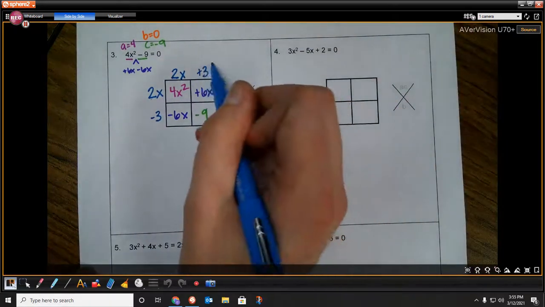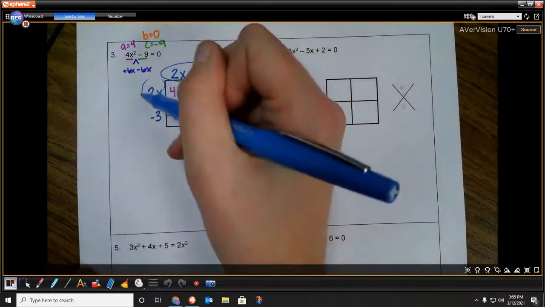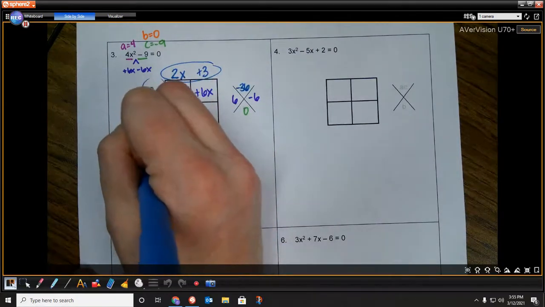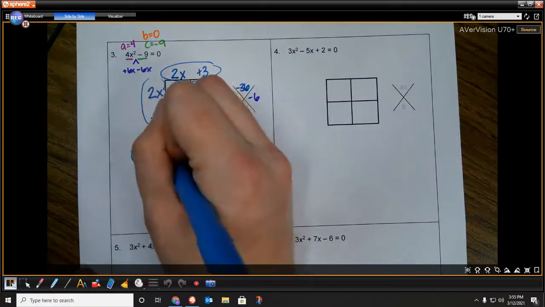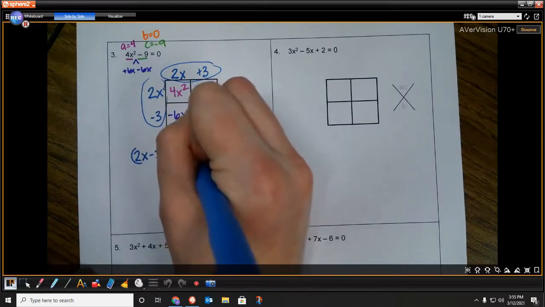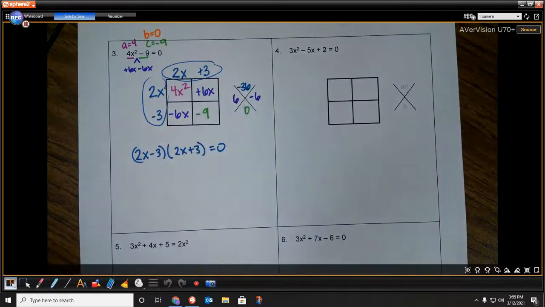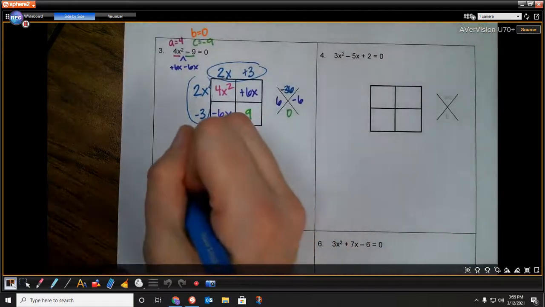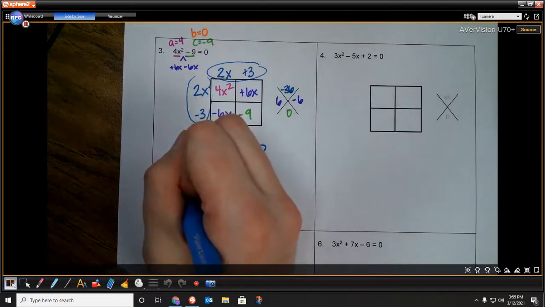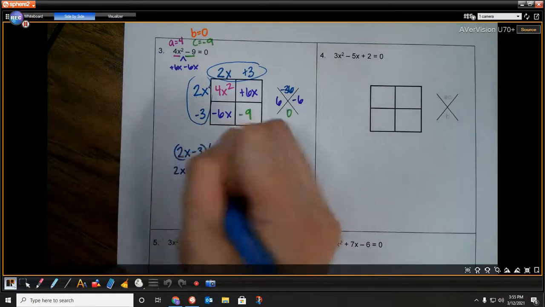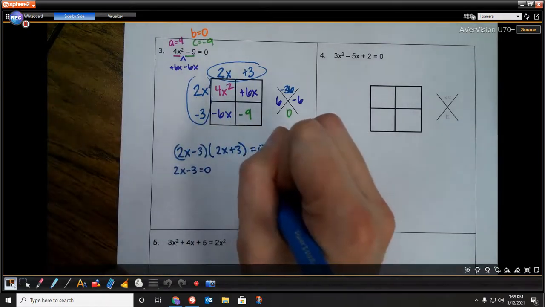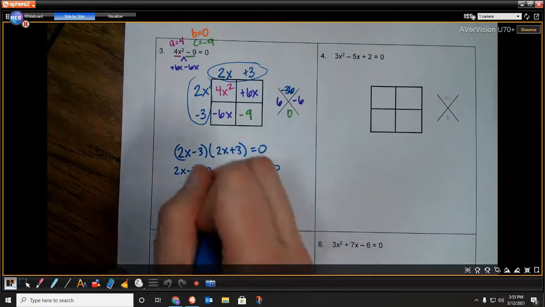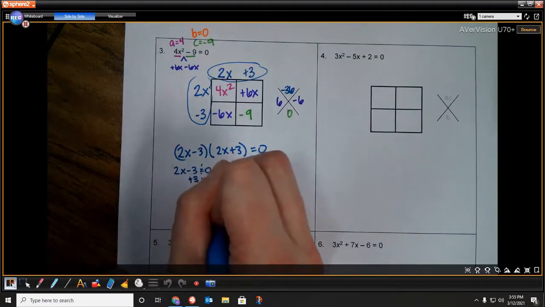So now we have our two factors here, and we can write them out as 2x minus 3 and 2x plus 3 equals 0. If we set them each individually equal to 0, we would say 2x minus 3 equals 0, and 2x plus 3 equals 0. For the one on the left, we're going to add 3 to both sides.